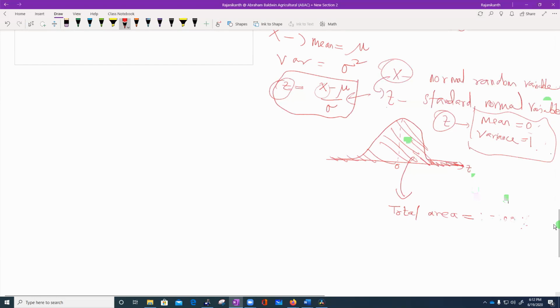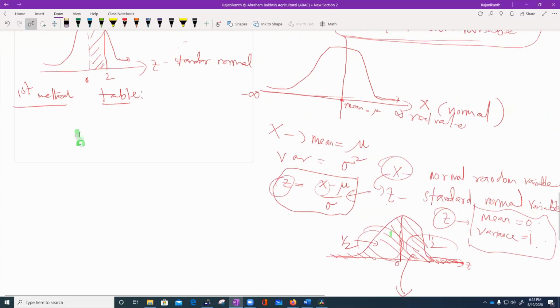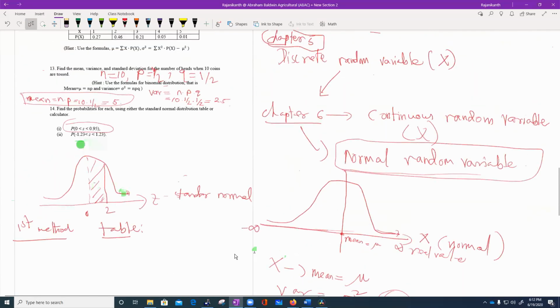By symmetry, remember this bell-shaped curve is symmetric about 0, therefore this side is half and that side is half, because the total area is 1. So this side you have area of half and that side as well. That make sense? Yes. Okay, keep in mind those properties. Now remember, you are asked to find only this much area.